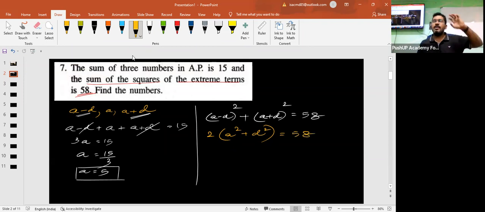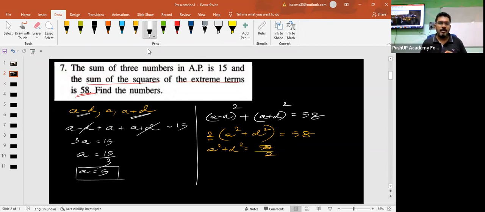So as I tell you, try to simplify the expressions as much as possible. A square plus D square is equal to 58 divided by 2, so you get A square plus D square is equal to 29.